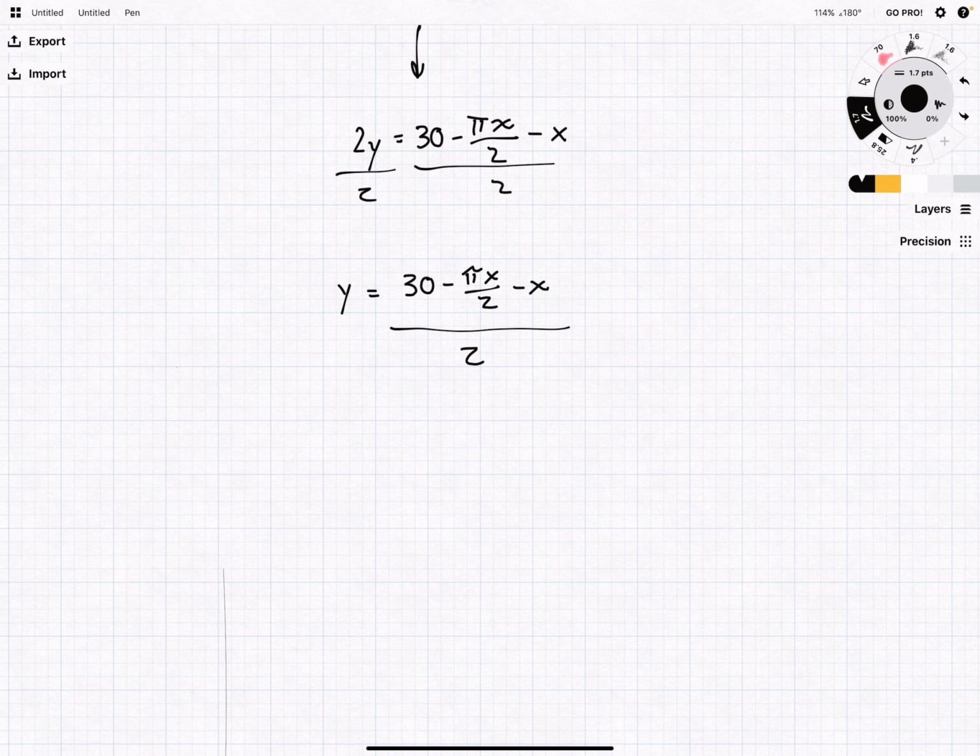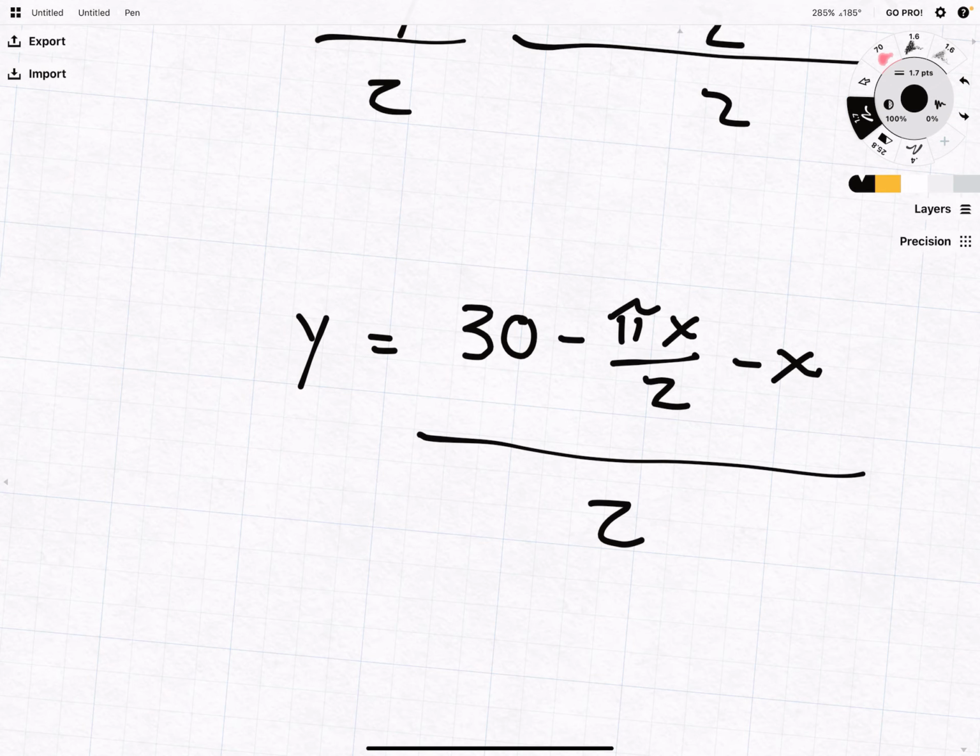So first things first, let's get all of the numerator terms together. So I'd like to multiply this 30 by 2 over 2. And then I would like to multiply this x by 2 over 2.